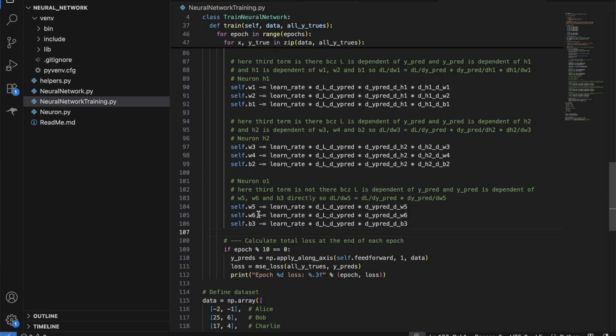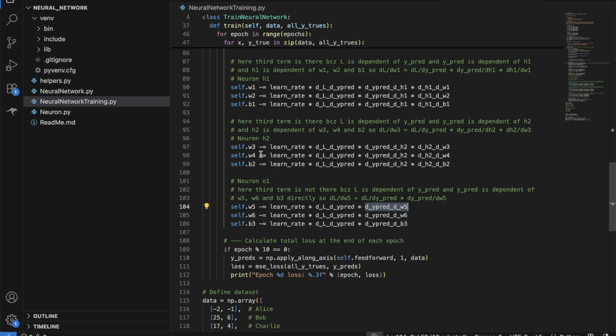Now as you can see, for weight 5, weight 6 and bias 3, we don't have three terms. Here we have three terms, right? delta L by delta y pred, delta y pred by delta S2, delta S2 by delta W3. But here we have only two terms. That is because while calculating W5 and W6, our loss depends on y pred, so it gives us delta L by delta y pred, and y pred directly depends on W5, which gives us this term.